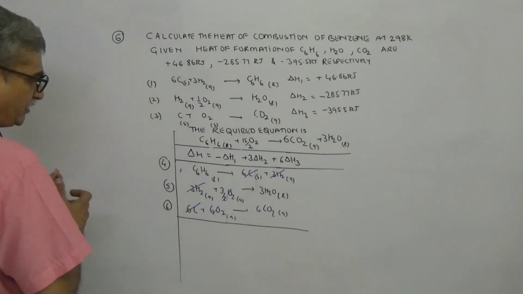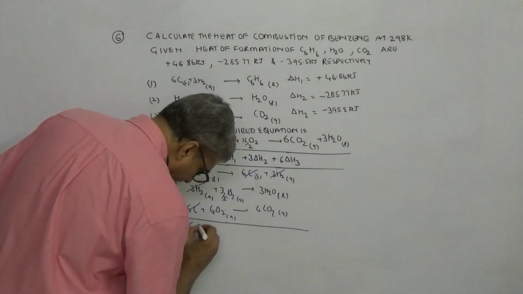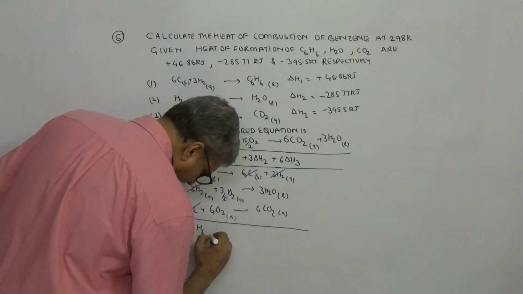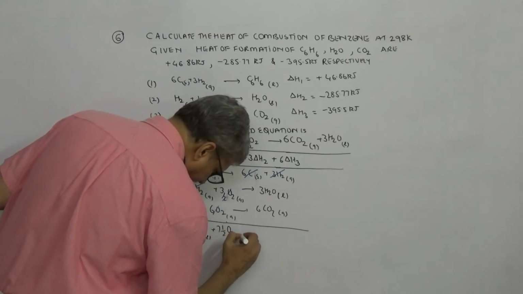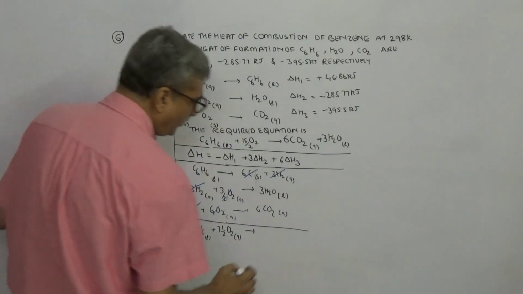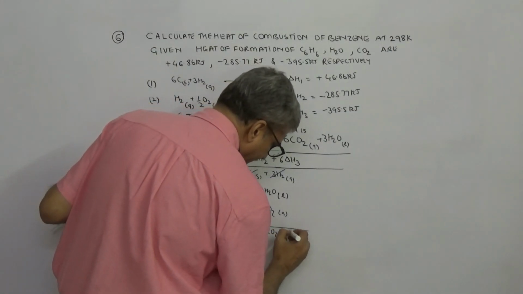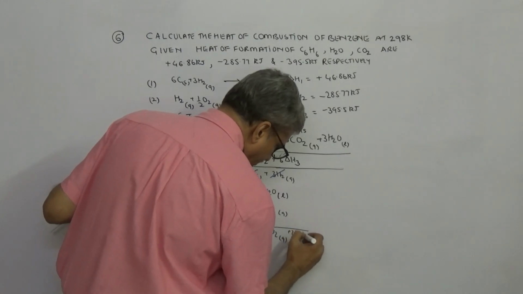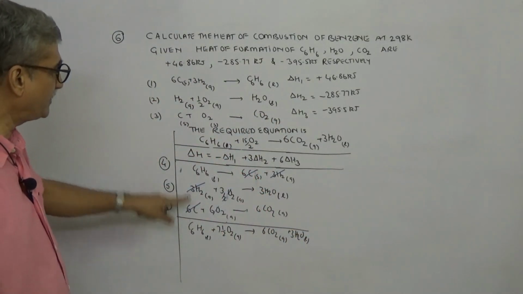So we get the required equation: C6H6 liquid plus 7.5 moles of oxygen gas forms 6CO2 gas plus 3H2O liquid. Are you understanding? So the required equation is what we are getting.